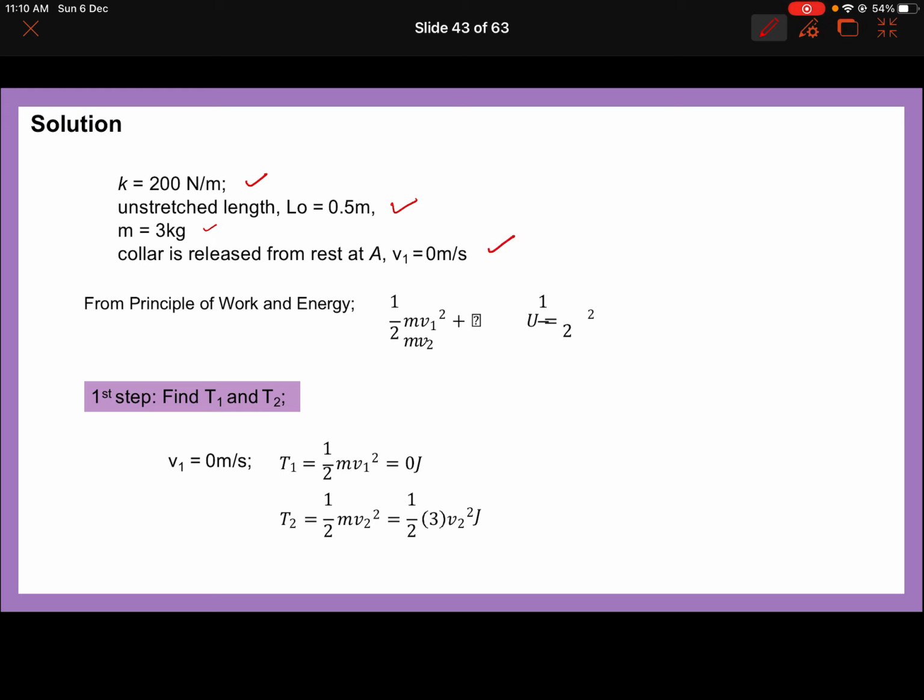From the principle of work and energy, we have half m v1 squared plus the summation of work done from 1 to 2 equal to half m v2 squared. The first step is to find T1 and T2. As we know the collar is released from rest, T1 will become 0, and T2 is half times 3 times V2 squared.